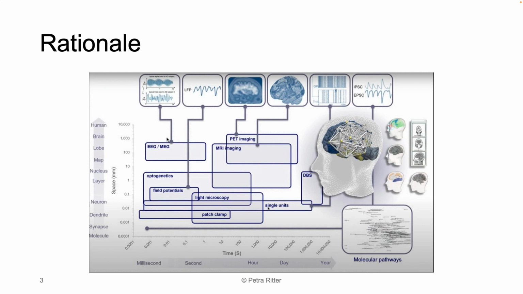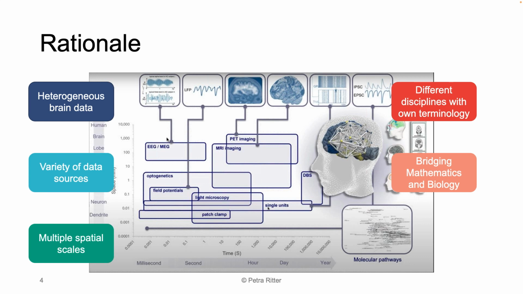How can researchers from different domains communicate with each other to tackle the same concept? Or how can we systematically and computationally access data describing the same concept on different scales? So we have heterogeneous brain data, a variety of data sources and multiple spatial and temporal scales.